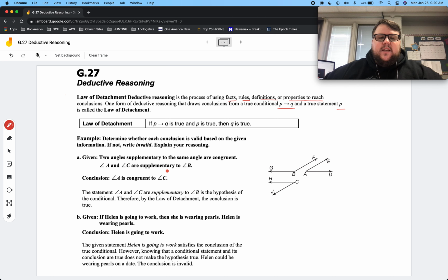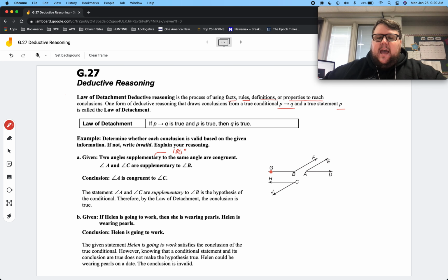Angle A and angle C are supplementary to angle B. Conclusion, angle A is congruent to angle C. So we have to remember supplementary angles are two angles that add up to 180, not percent, 180 degrees. So if two angles are supplementary to the same angle, then the other two angles have to be congruent. That's what this is saying.